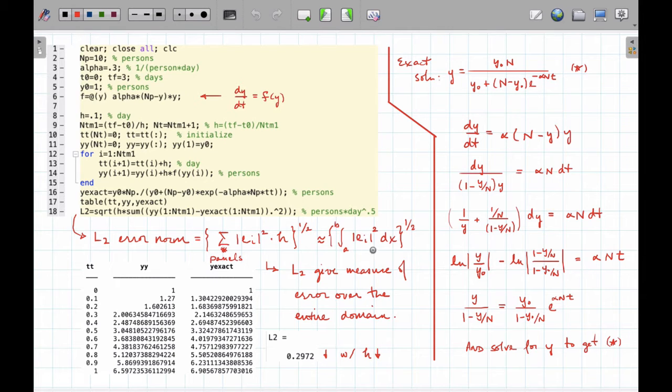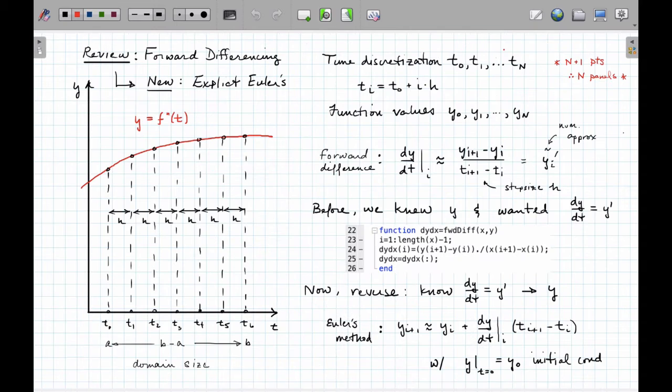And what that looks like when we write it in terms of MATLAB, what's inside the square root should look kind of like the rectangle rule for you, because it actually is just computing this integral using the rectangle rule. So EI here represents the error at every point in the grid, and we're going to have error at every point because each point has a numerical approximation for yi that came from the derivative, but it's not going to be exact.